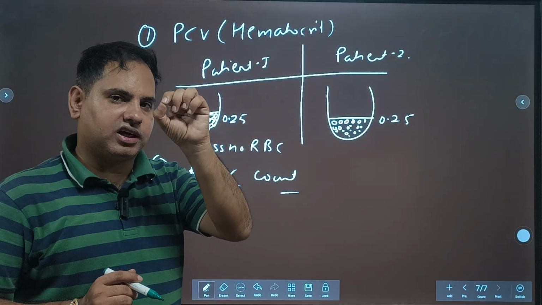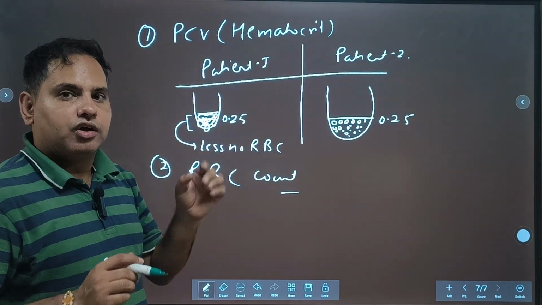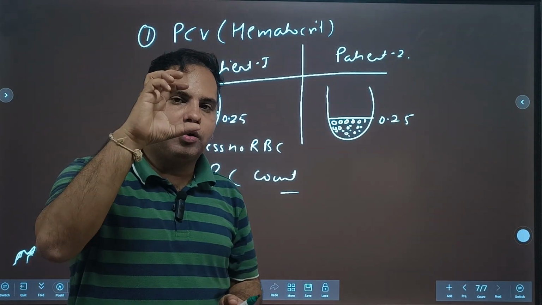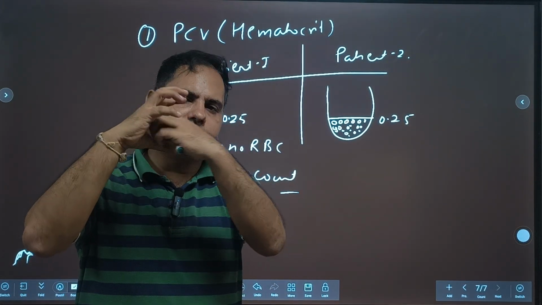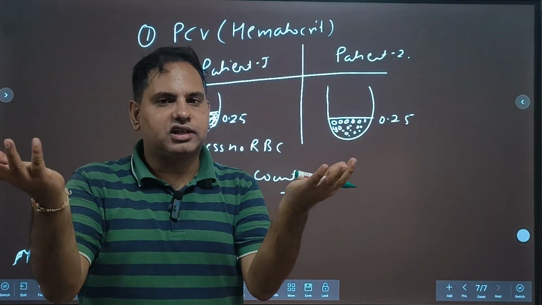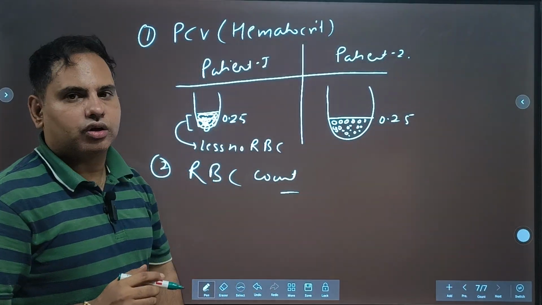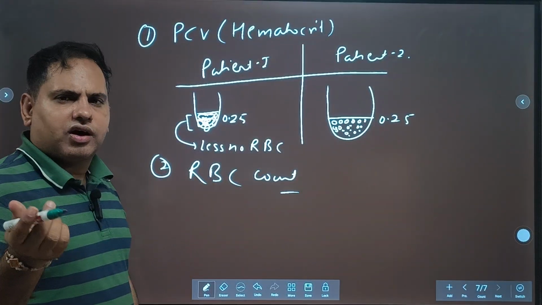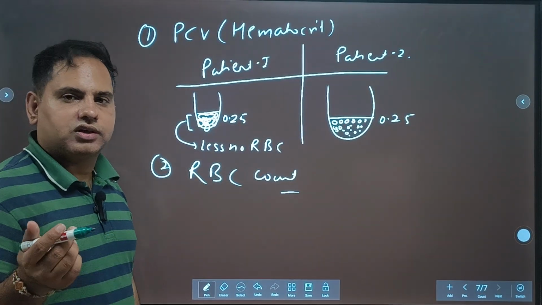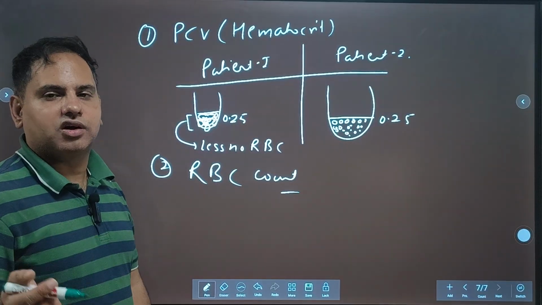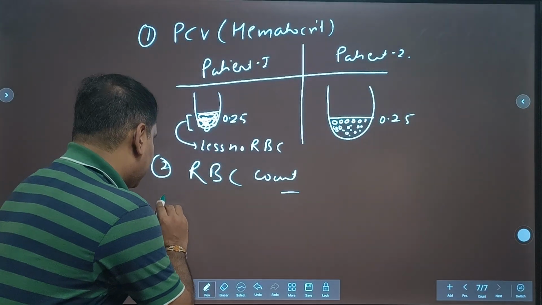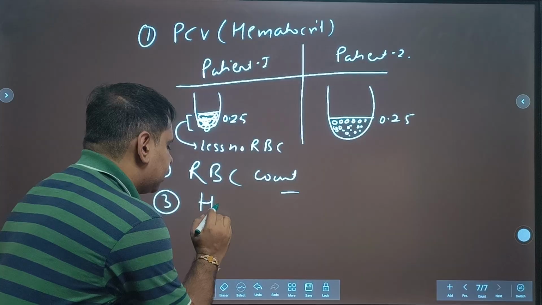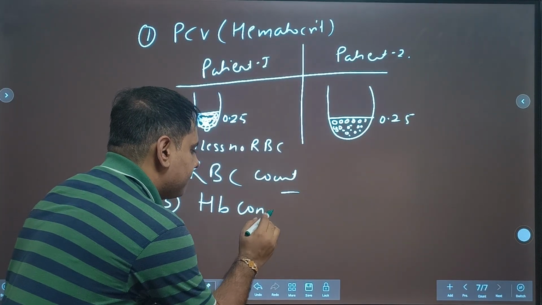Micro means छोटे size के RBCs हो गए, इसमें बड़े size के, तो वॉल्यूम आपका सेम है पर सेम वॉल्यूम में अगर साइज बड़ा रहेगा तो कम सेल्स आएंगे, अगर साइज छोटा रहा तो ज़्यादा सेल्स आएंगे. So that's why RBC count is also important. So you have to do the RBC count as well. I think you are doing this in your human anatomy and physiology lab by hemocytometers, RBC count, WBC count, right? Then the third thing is you have to measure the hemoglobin concentrations.